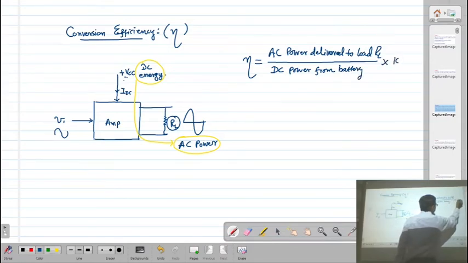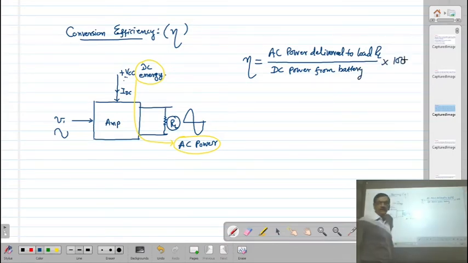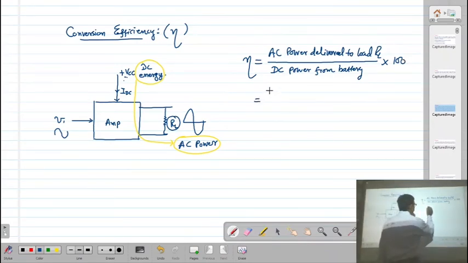And normally we calculate the efficiency in percentage, so it is multiplied by 100. Now, we can write this as PAC divided by PDC multiplied by 100.